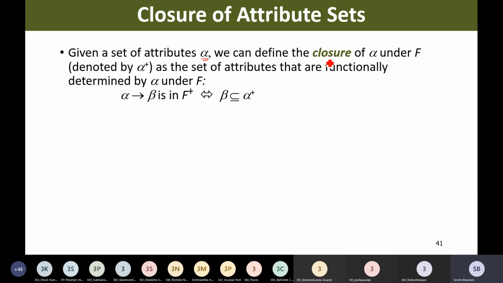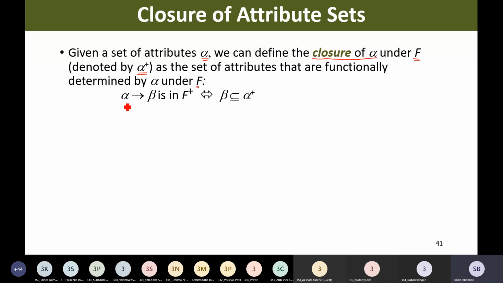Given the set of attributes alpha, we can define the closure of alpha given the set of functional dependencies F. This set is denoted as alpha plus, and this set is the set of attributes that are functionally determined by alpha under the given set F.